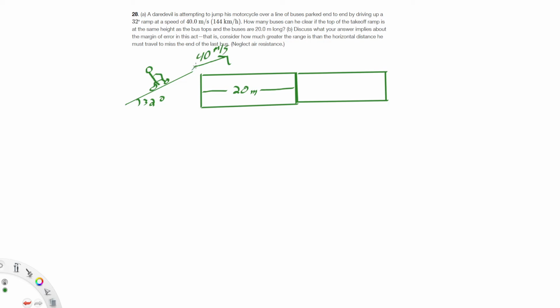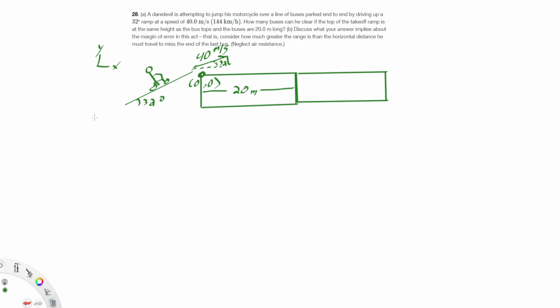And because he was going up the ramp, this initial velocity is also at 32 degrees. Okay. Do the good old right and up for coordinate system. And since this ramp and the edge of the first bus are supposed to be aligned, we can go ahead and call this the origin here.